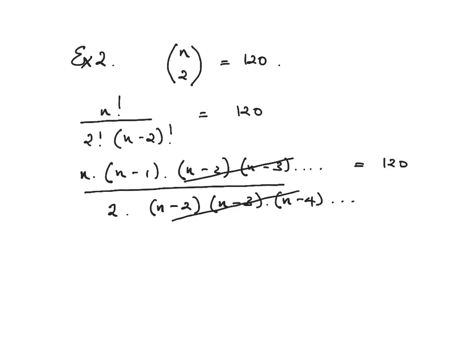So we now have n minus 1 over 2 equals 120. So that's a problem that has to be solved. Multiply by 2, expand the bracket, so we've got n squared minus n equals 240.